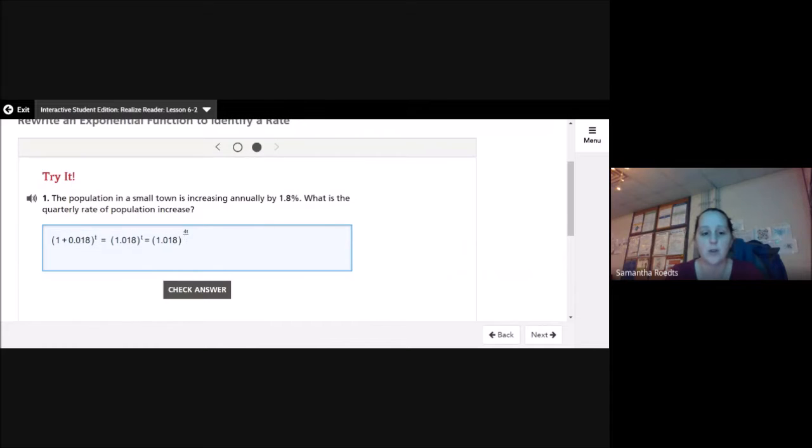So 4T over 4, which is like saying 1.018 to the 1/4 power to the T. So that gives me 1.018 raised to the 1/4 power gives me approximately 1.0044694.